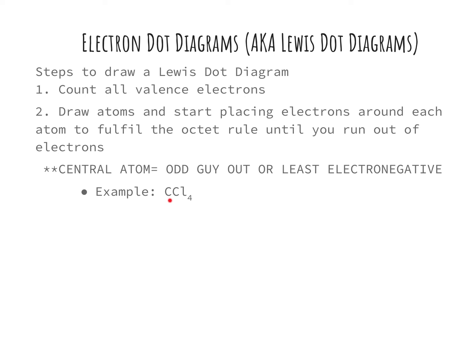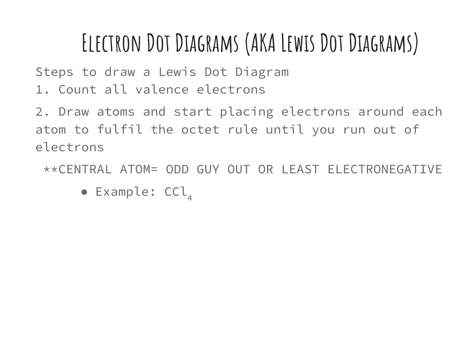If you have 1 carbon and 4 chlorines, that 1 carbon is the odd guy out. So that's the one that goes in the middle. That's the rule I tell people because I think it's easier to remember. The official chemistry rule is the least electronegative element goes in the middle. Those two coincide. The odd guy out is the least electronegative.